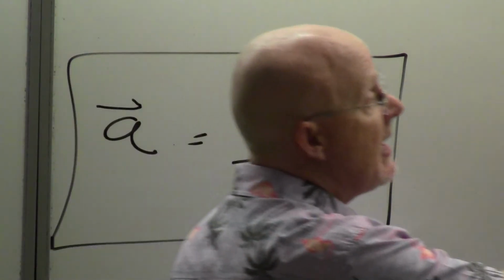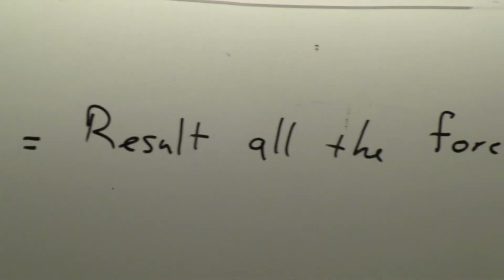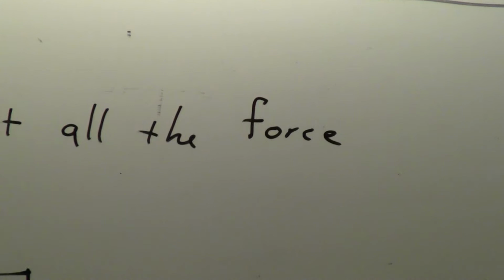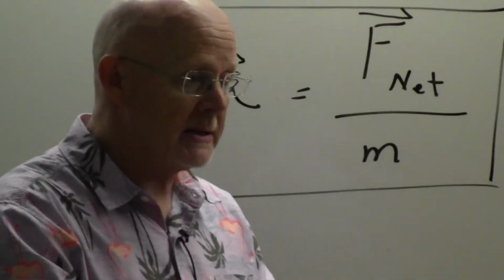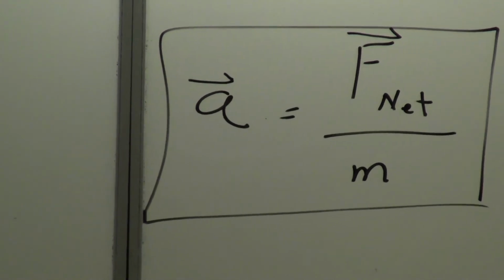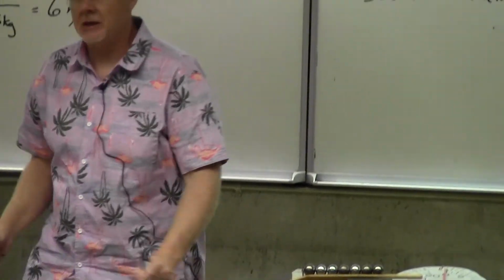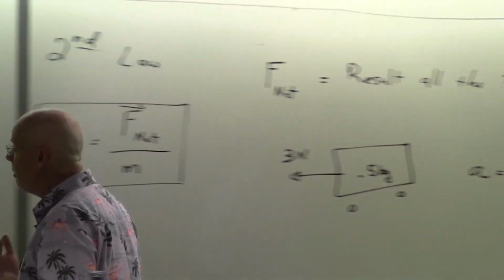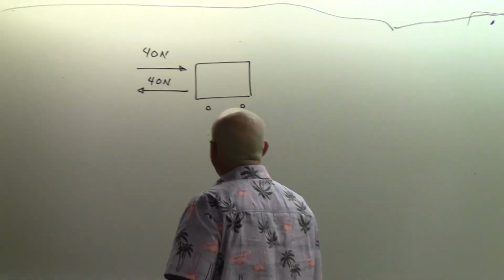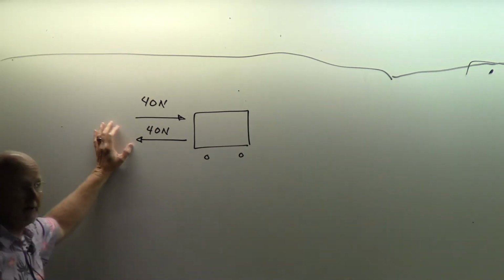And again, I'll say the net force is the result of all the other forces that are going on. So you can't tell me the motion or the acceleration of this cart until you include both forces. And I think that makes sense. But also, you can't include the resulting net force until you also realize what direction they are.